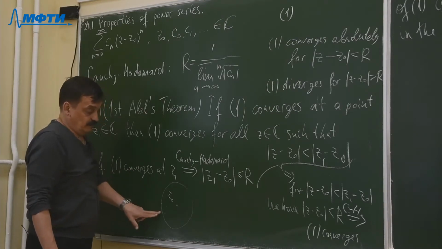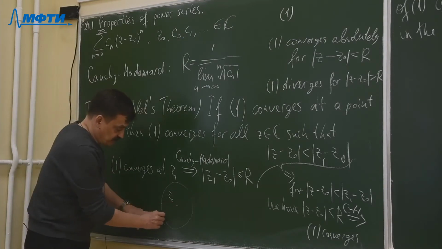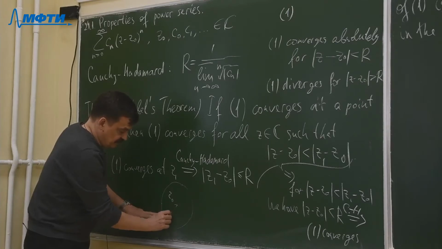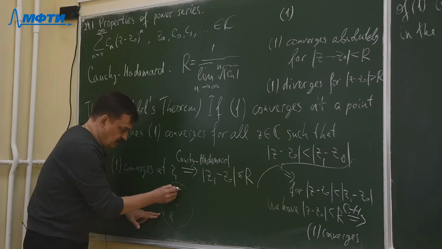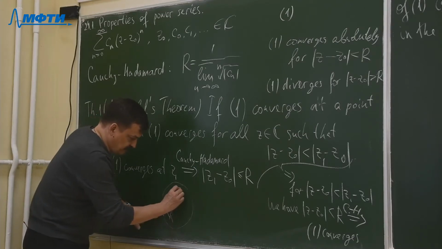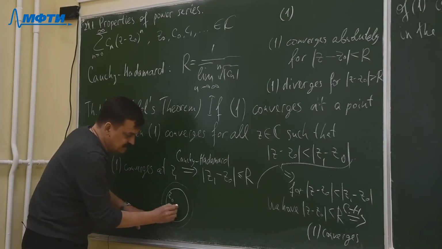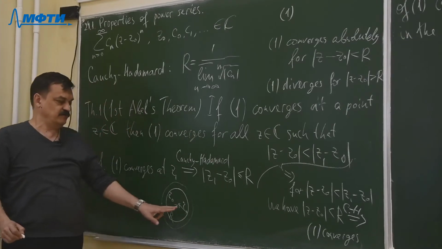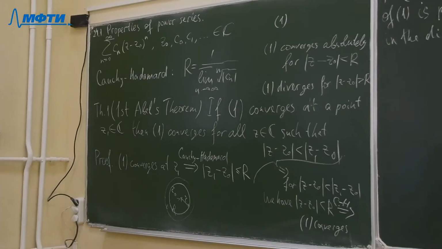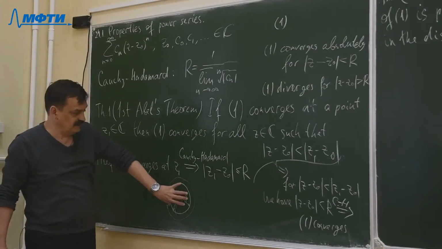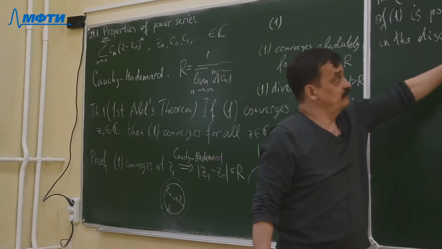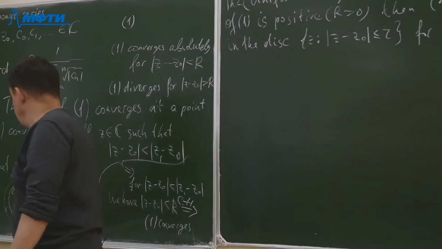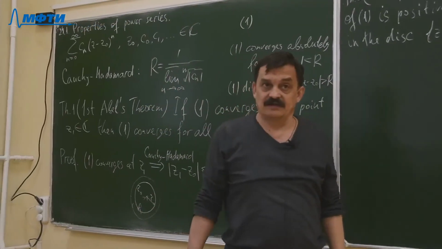And now we know even more. So if this is capital R, then take an arbitrary smaller value of radius, little r, right? Then in this closed disk, the power series converges uniformly.